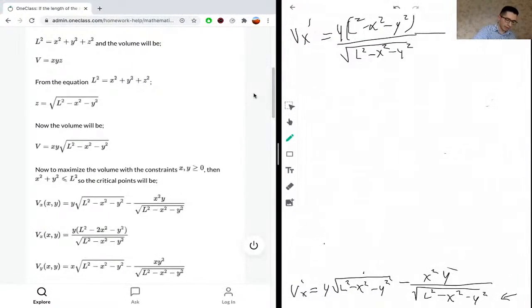And we also have the term here, so it will be minus x squared y. Now we're going to put all of this together.